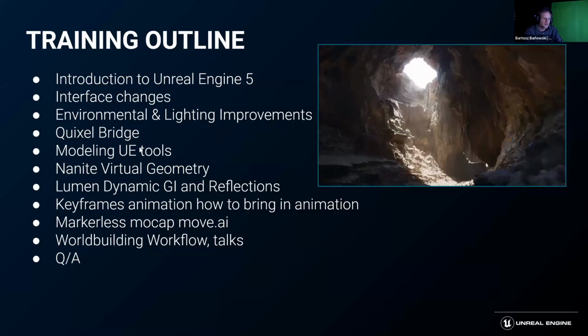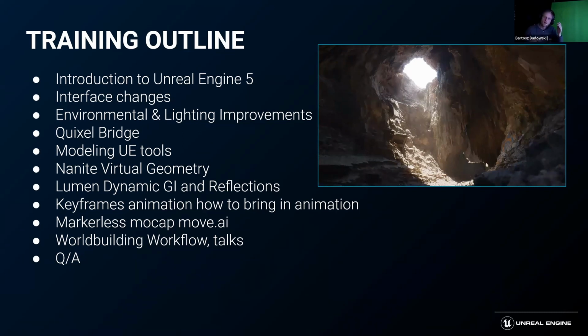So the training outline in general starts with an introduction to Unreal Engine 5. I'll talk about the interface changes, the environmental lighting improvements, what the Quixel Bridge is, all the accessible modeling tools, the differences of Nanite virtual geometry, and what Lumen is.